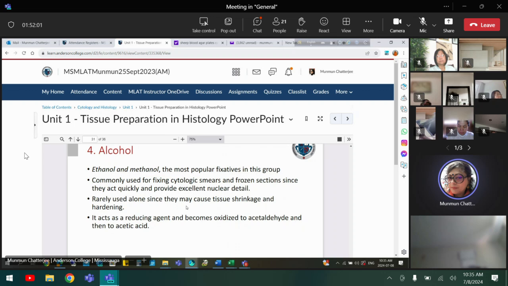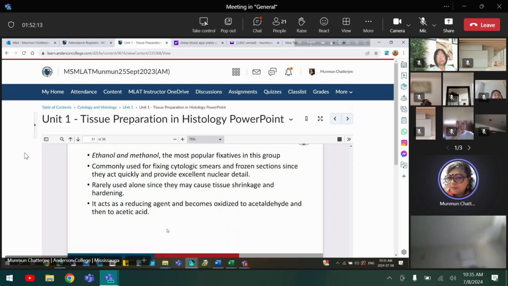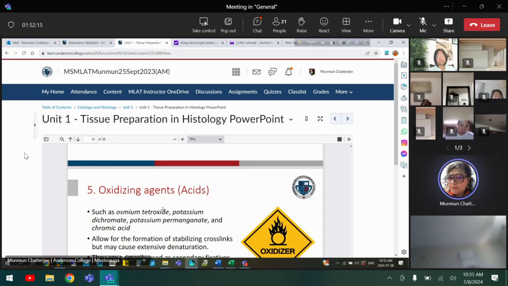They are rarely used alone since they may cause tissue shrinkage and hardening. What it does is act as a reducing agent and become oxidized to acetaldehyde and then to acetic acid. That is okay, you don't need to know that one.